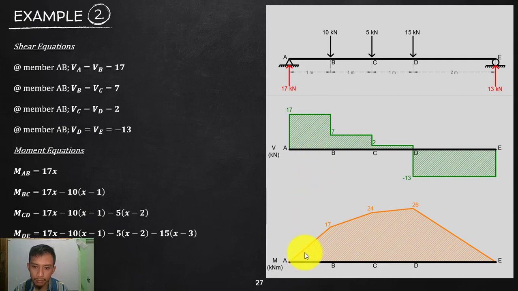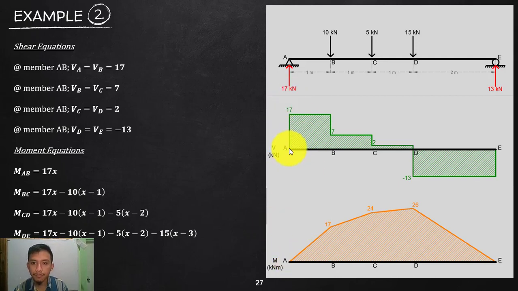I will get the value of moment, I will get the value of shear. Okay, so this is the best way to present your shear and moment diagram. So the value of the vertical or the y is the values of shear. If you are on moment, then the y is the value of the moment.